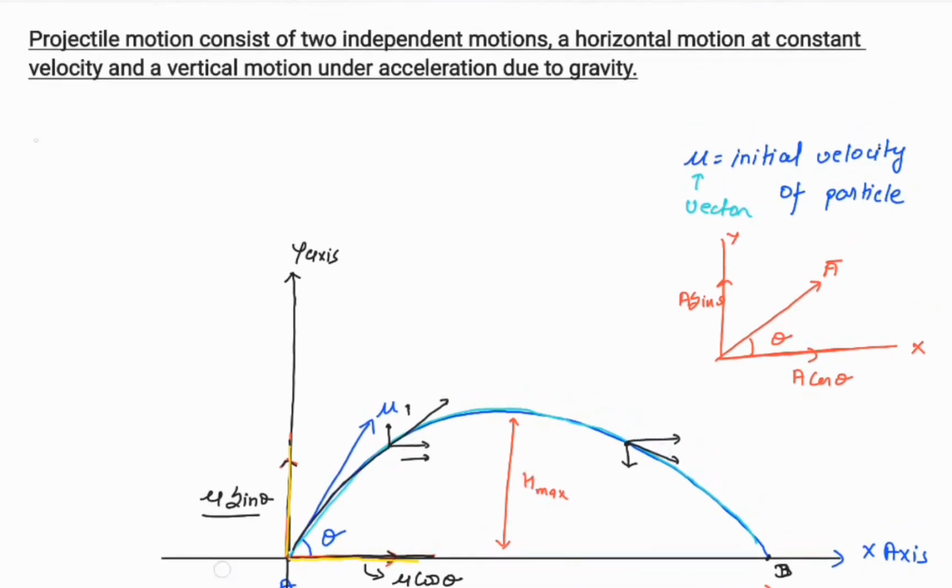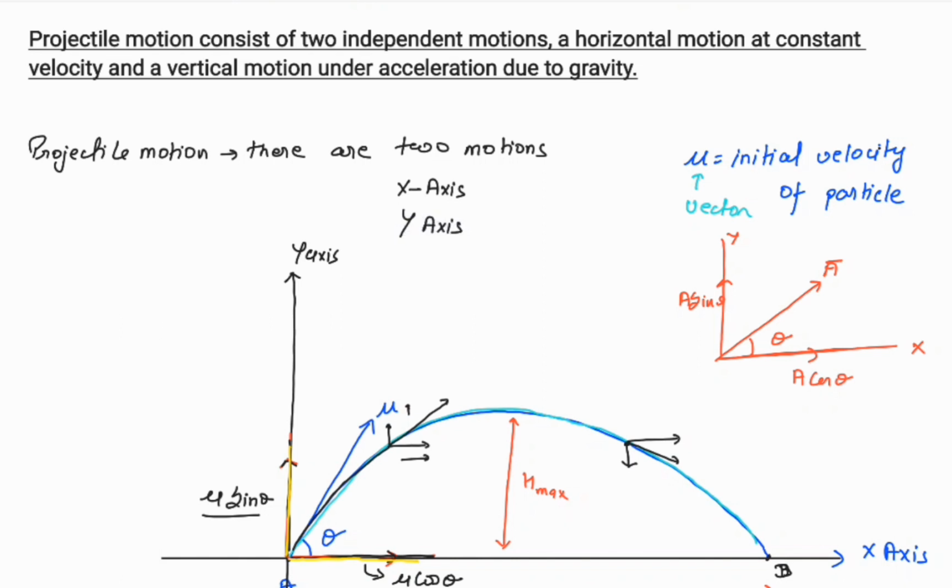So, can I say in a projectile motion there are two motions: x-axis motion and y-axis motion.